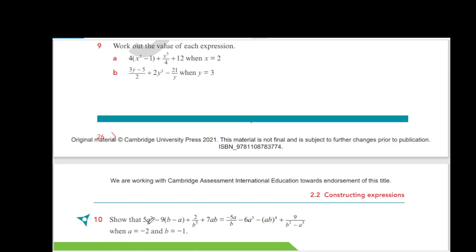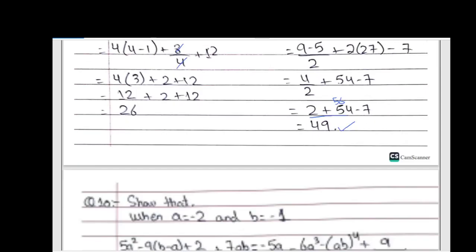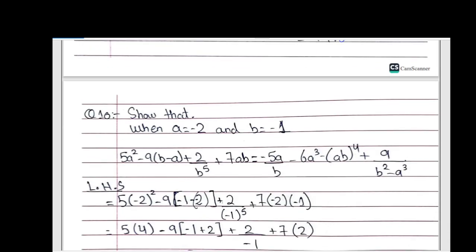We have to substitute the values of a and b on both sides. This is the left hand side and this is the right hand side, and we have to prove that the answer of the left hand side is equal to the answer of the right hand side. I'll solve one by one.